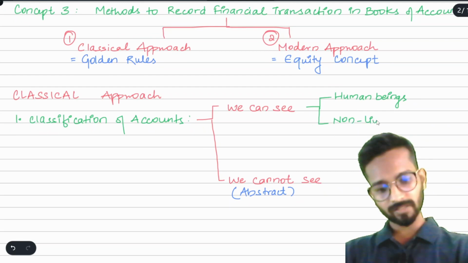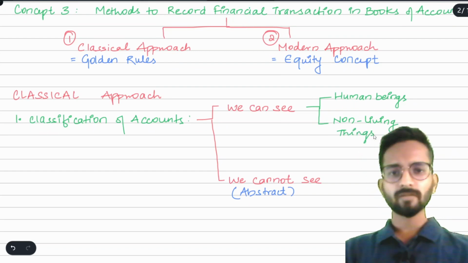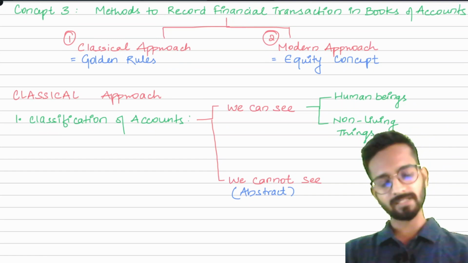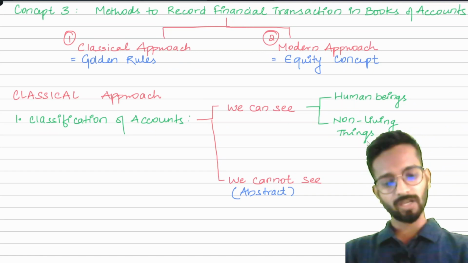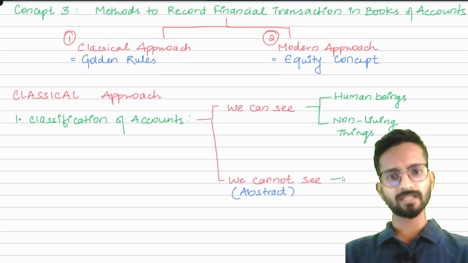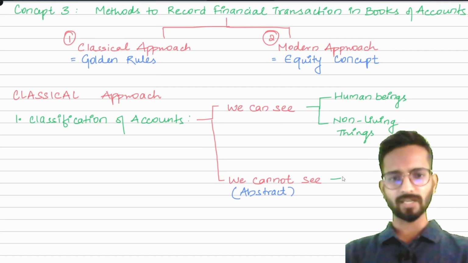You can say living things and non-living things. Non-living things like machinery, building, land and so on. Things which we cannot see are the expenses and incomes in the business. You cannot see that obviously.